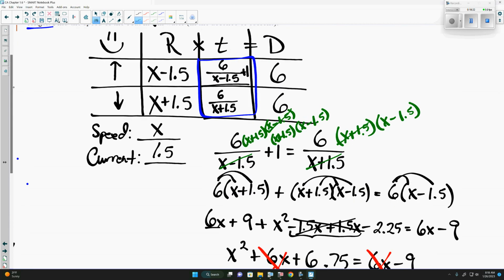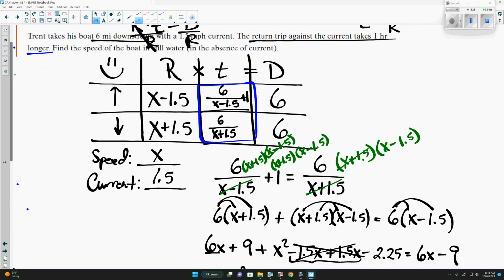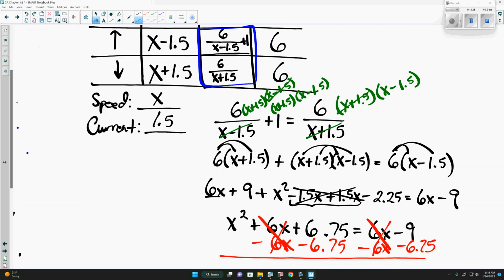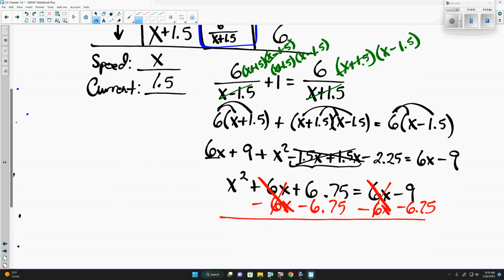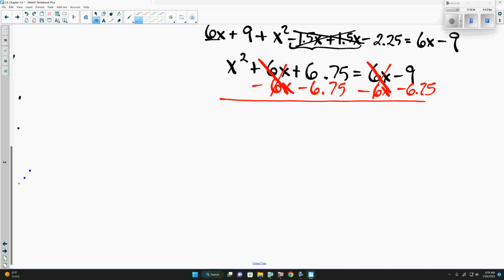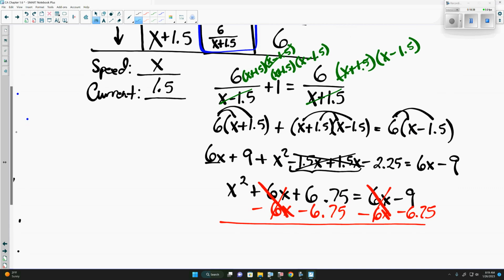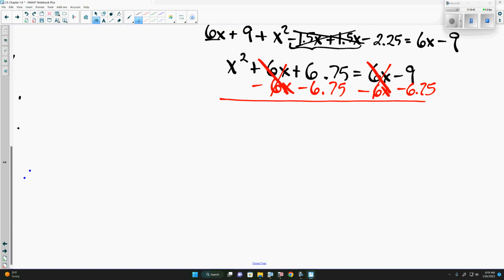This is off. Let's see here. Turn against the current. Takes 1 hour longer. Yep. Is the math off? Okay. I don't like this.